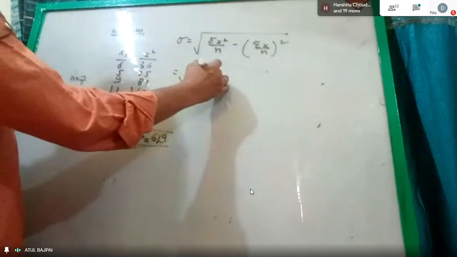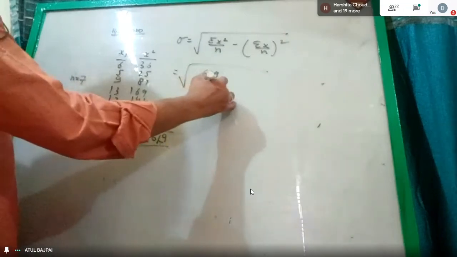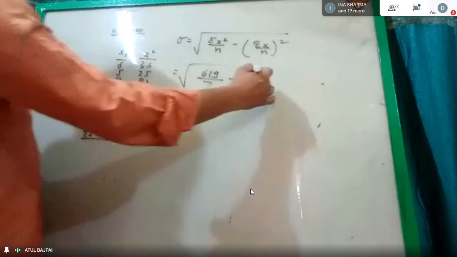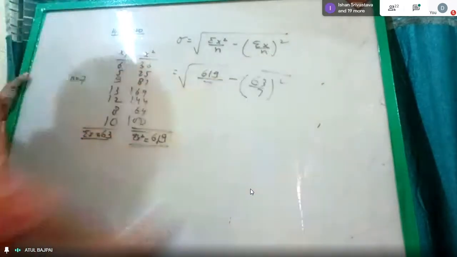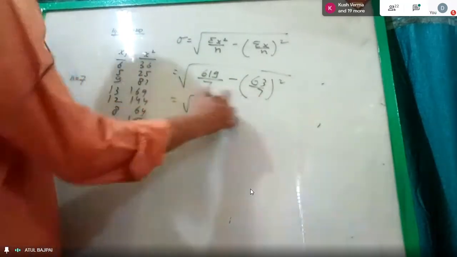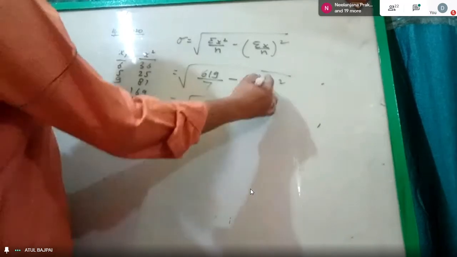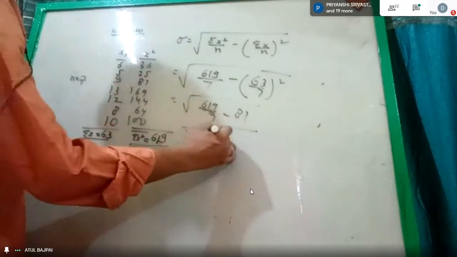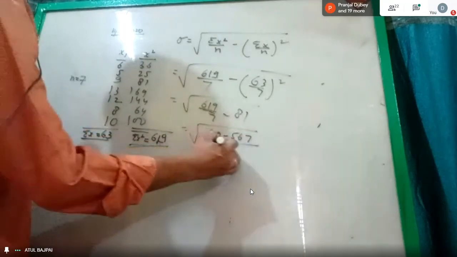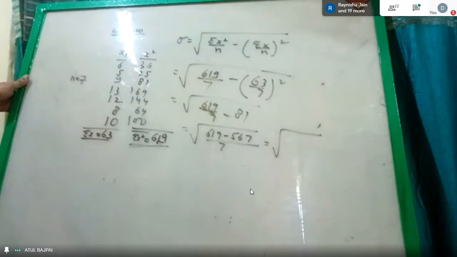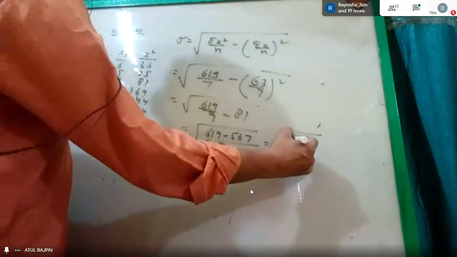Now let us put the values. Sigma x square 619 upon n, which is 7, minus bracket 63 upon 7 whole square. That is 619 by 7 minus 9 square, that is 81. What difference do we get? 619 by 7 minus 81, giving 52 by 7.